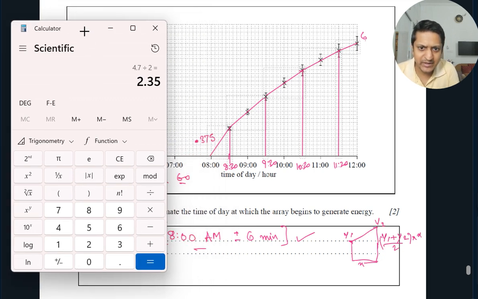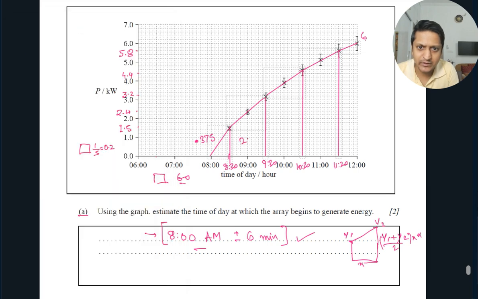If you multiply this with this, it will be 1, because 930 minus 830 is 1. Because this is all 1, we will just calculate the average of y into this distance, and this distance being 1, it will not make any changes, but it will make changes at the last.